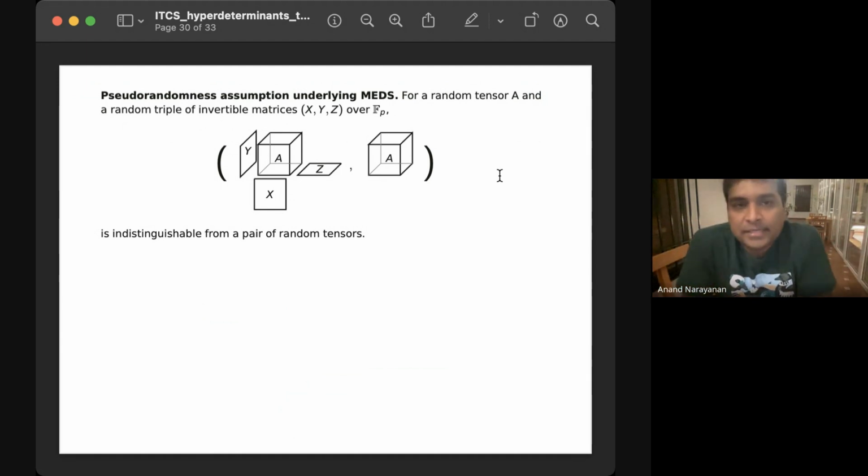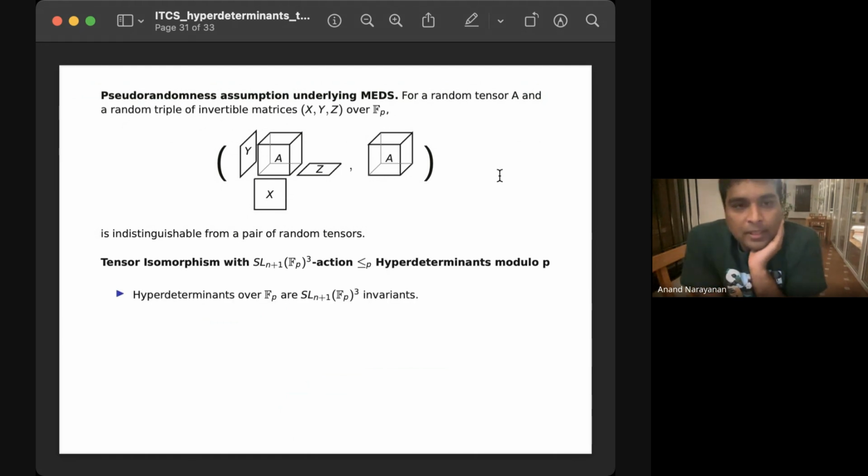The assumption says that if I take a random tensor and a random triple of invertible matrices, that will give me a pair of tensors that are in the same isomorphism class. And the assumption is that this pair is computationally indistinguishable, excuse me, from a pair of random tensors.